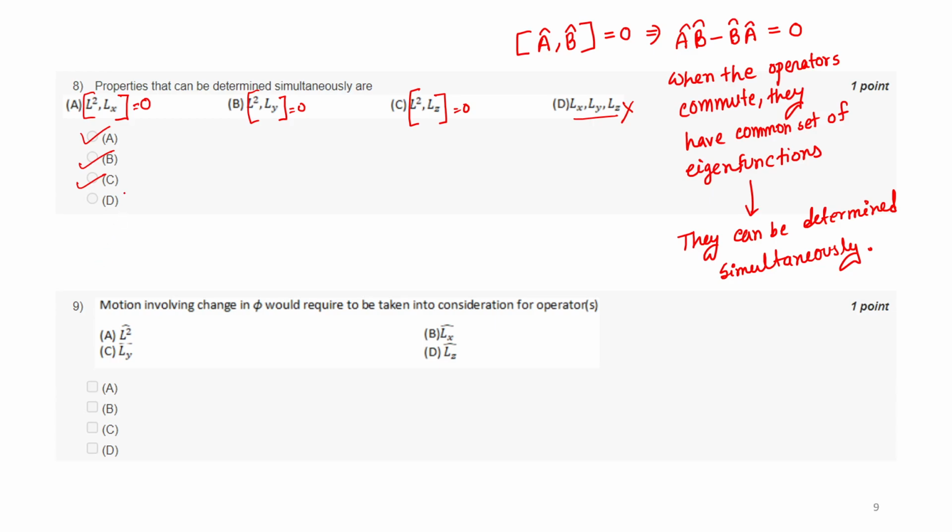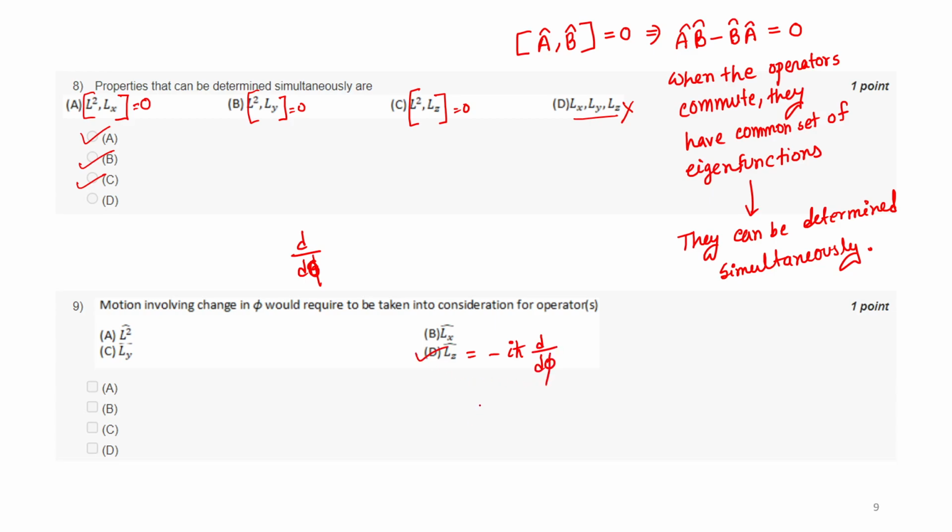Now question number 9, motions involving the change in the phi would require to be taken in consideration. So it is said that d by d phi is going to be important. So you know Lz is minus i h cross d by d phi, right?